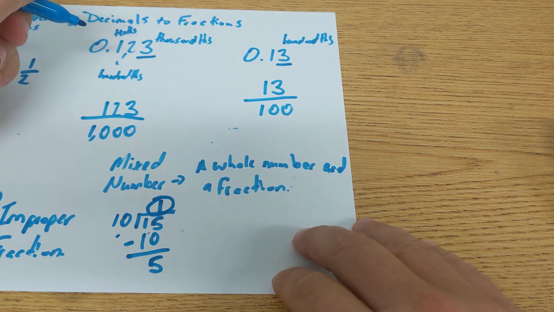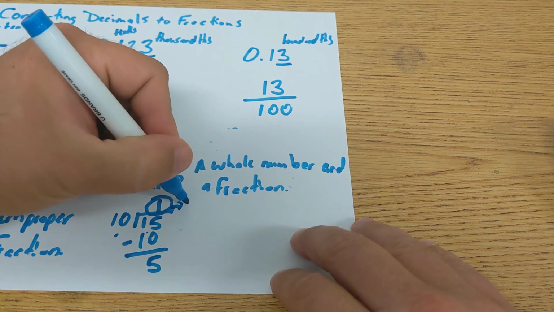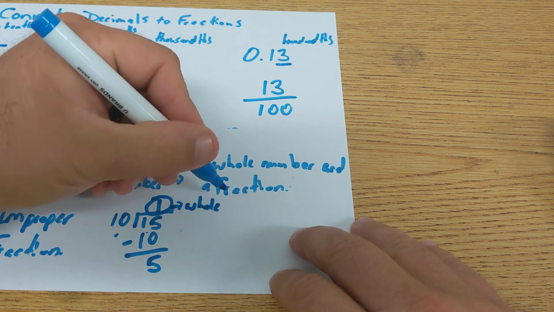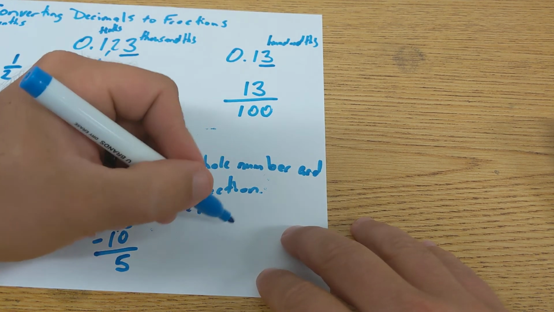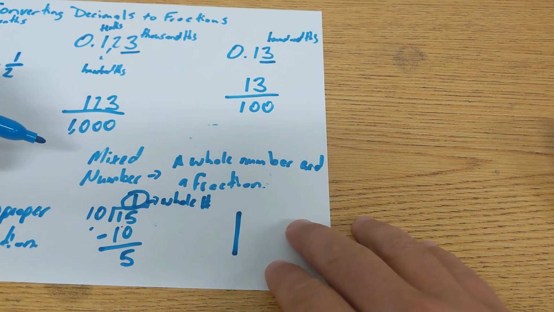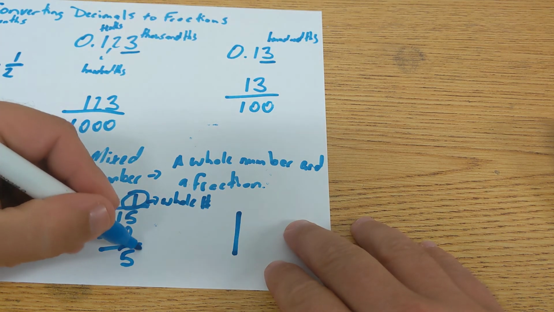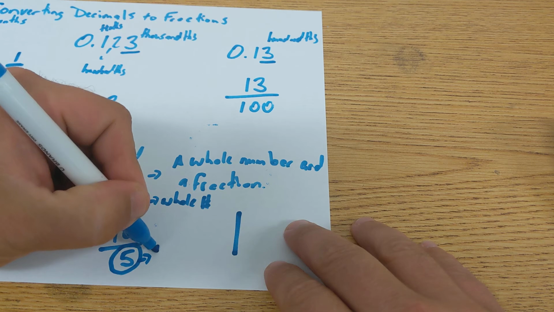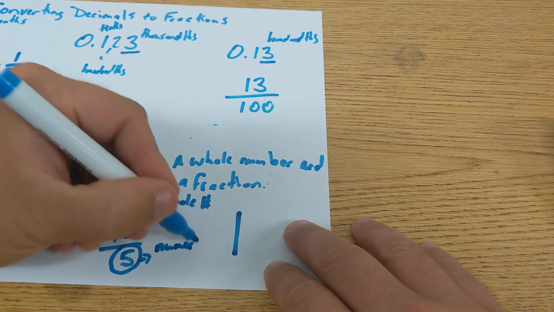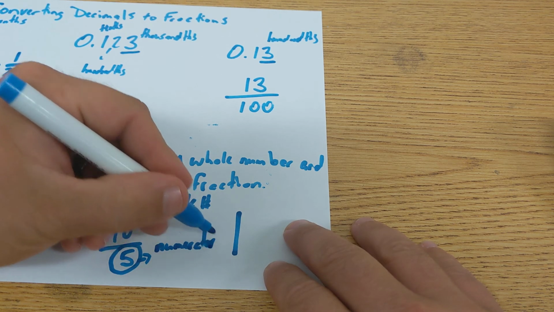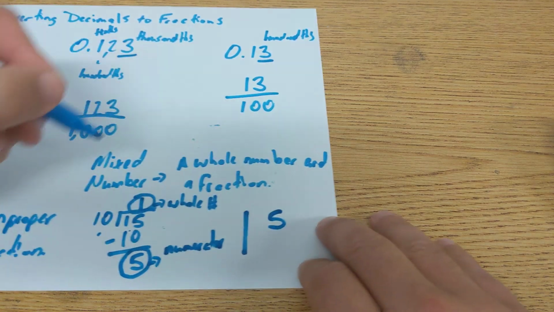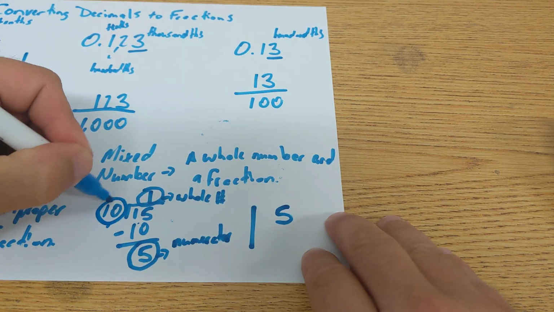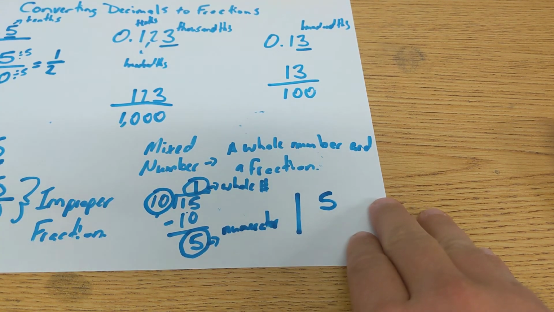This number right here, that's my whole number. So I have 1. My 5, my remainder, that is my numerator now.